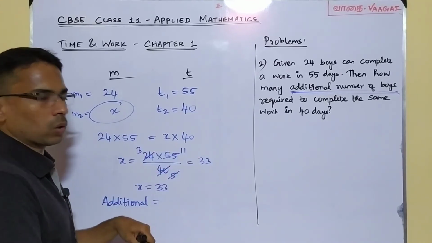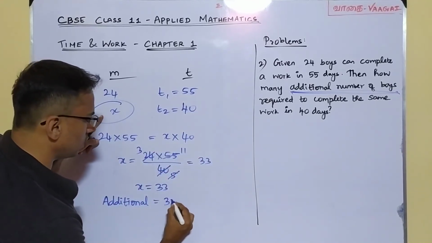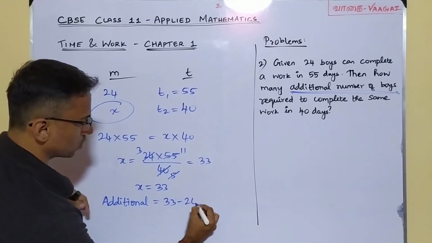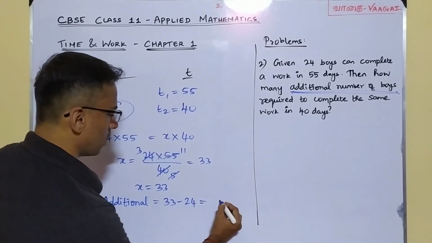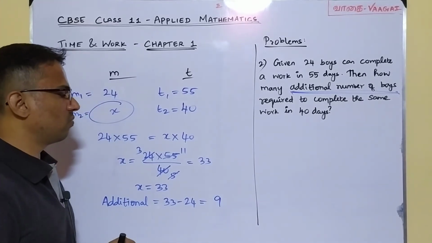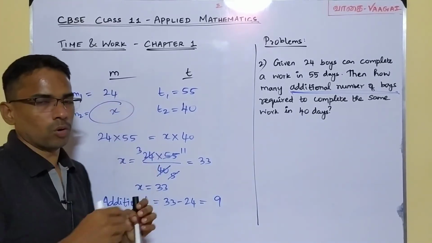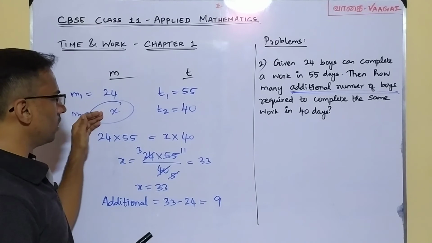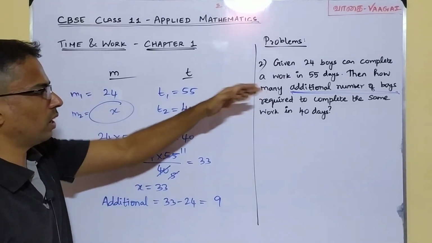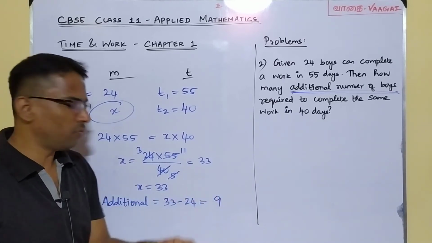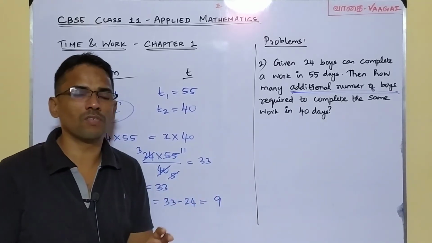So this new 33 minus this original 24, I have to subtract it, so that the difference will give me the additional. So this will be equal to 9. So we need extra 9 boys. I hope it is clear to you. We need additionally 9 more boys to be employed in order to complete the required task in 40 days itself. So additional number of boys is equal to 9.